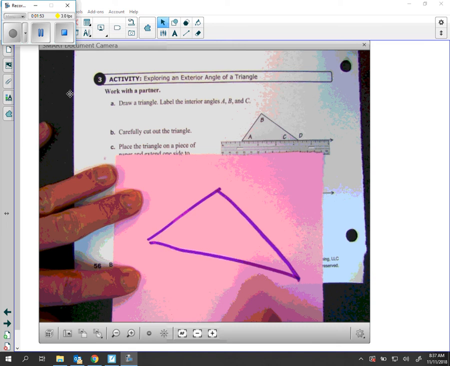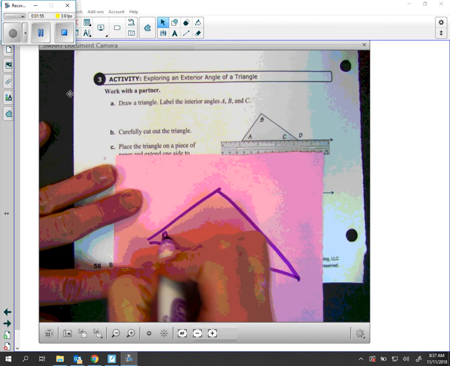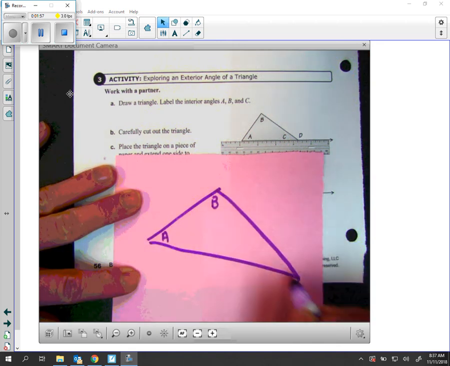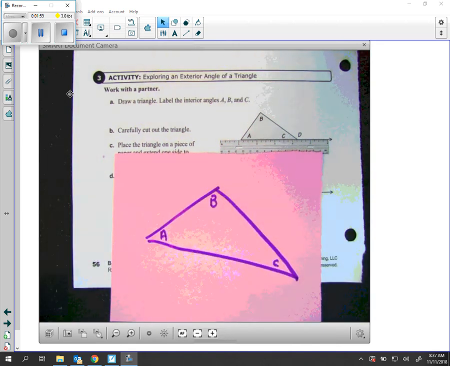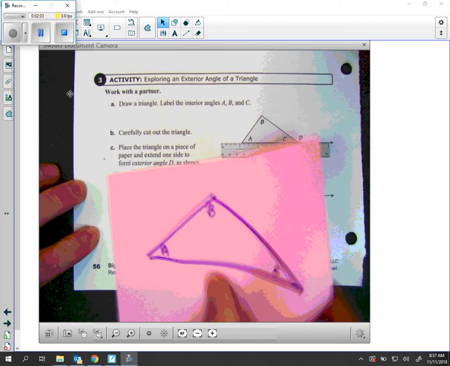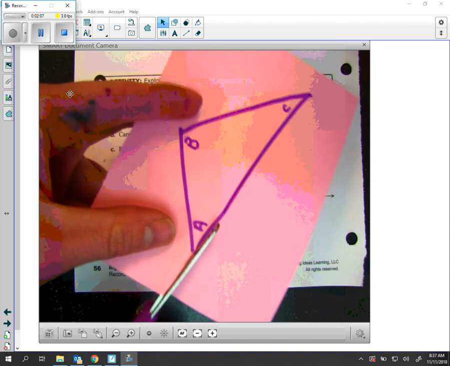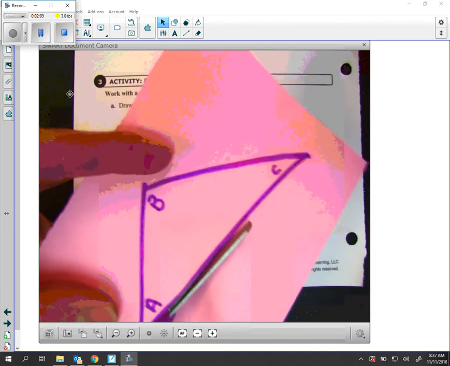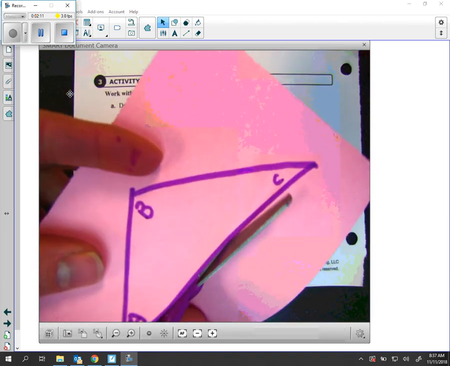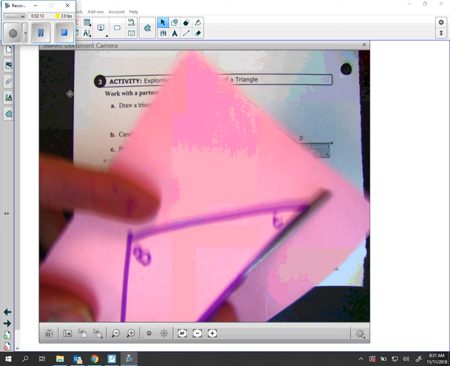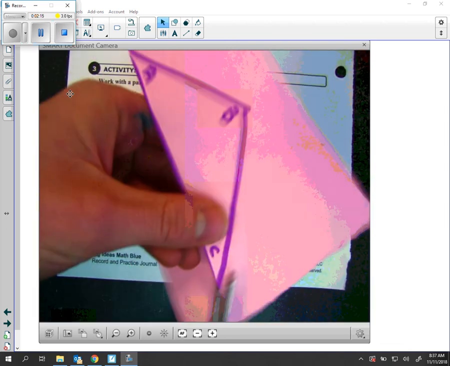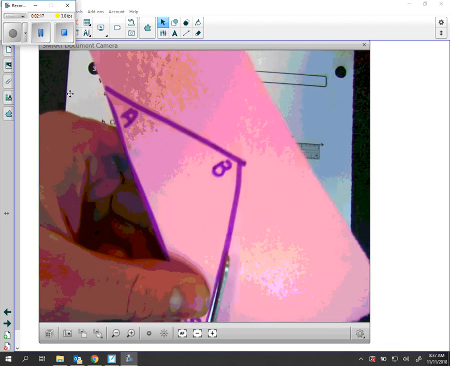I'm going to label my corners, or my angles, A, B, and C. So I've done step A, and now I'm going to cut out the triangle. As you can see, my triangle isn't perfectly straight, but we're going to go with it. You can try to straighten up the edges as we cut.